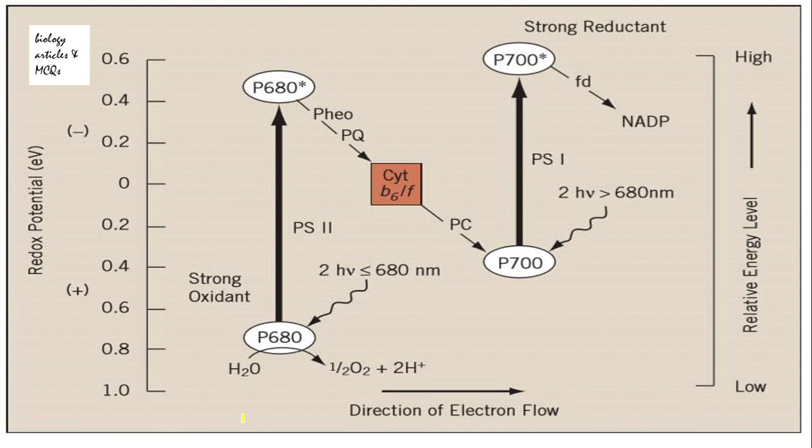And guys, you know about the Z scheme, or the light dependent reaction, is in the form of a Z-like structure, shaped like the English alphabet Z. And that Z scheme is not in the cyclic form, meaning the flow of electrons in the Z scheme is not cyclic.